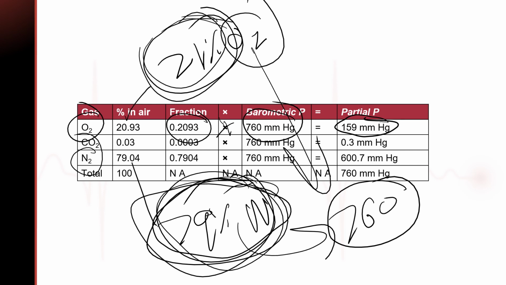Oxygen's partial pressure within the air at sea level is 160 millimeters of mercury, approximately.